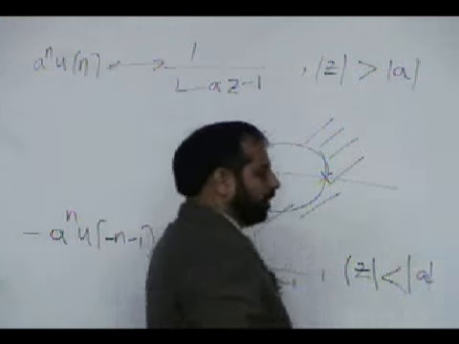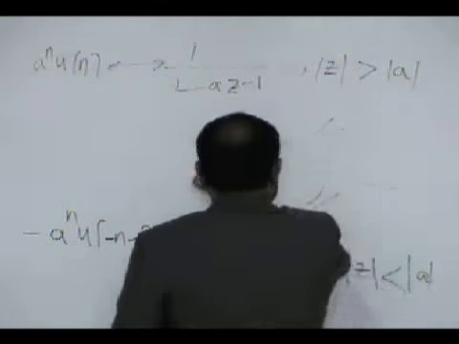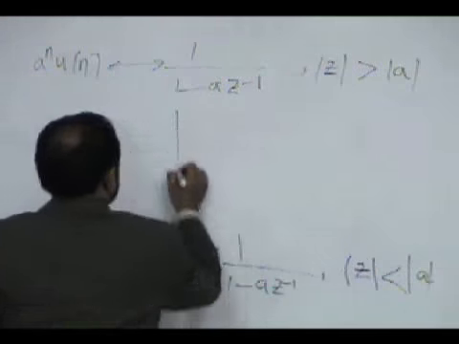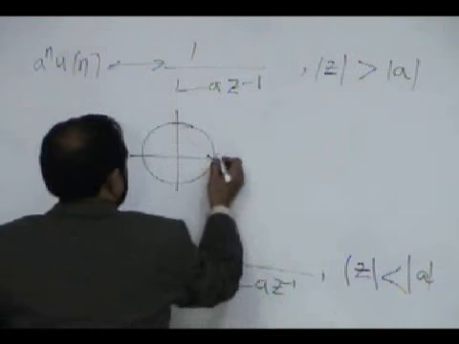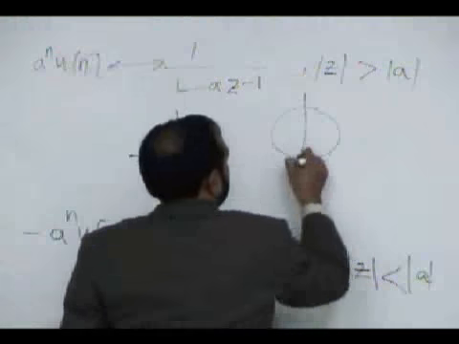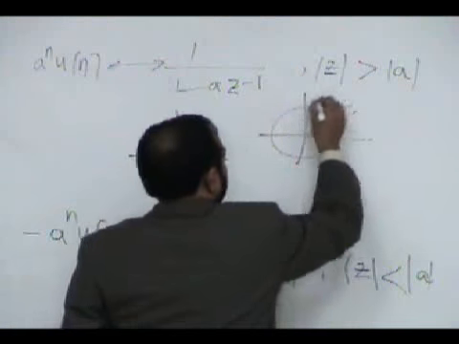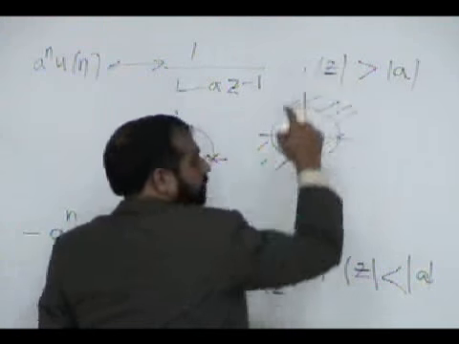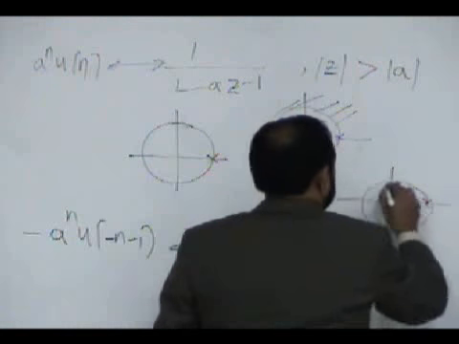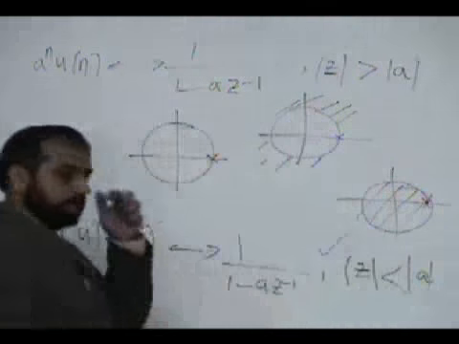So if you are only given a pole, you have two answers. One is, the pole is given, and if the region of convergence is outside the pole, then this is the answer. If I assume the region of convergence inside the pole, then this is the answer.